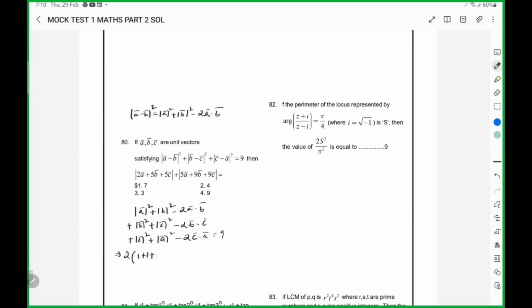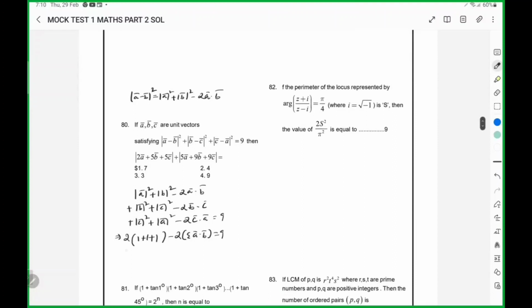Here it is minus 2 times sigma a dot b is 9. So from here, 2 times sigma a dot b is 6 minus 3. Once you consider a plus b plus c whole square, mod a square plus mod b square plus mod c square plus 2 sigma a dot b, 1 plus 1 plus 1 minus 3, that is 0.